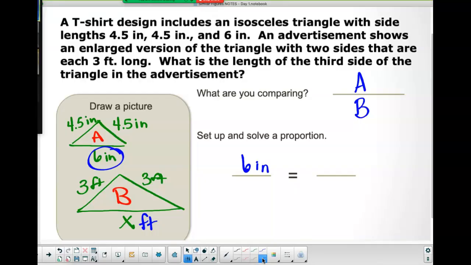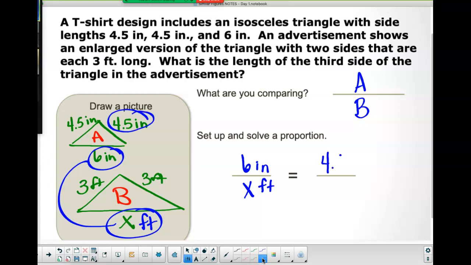Yeah, the X. Okay. The 6 matches up with the X. So 6 inches over X feet. That's okay that the labels are different. Okay, then we pick another side on A, 4.5 inches, matches up with 3 feet.